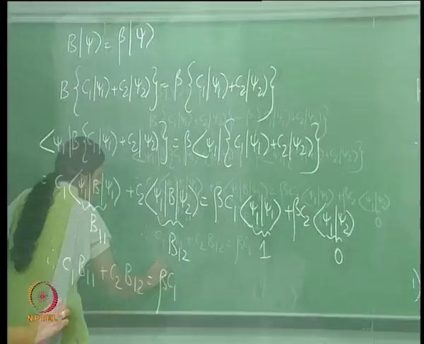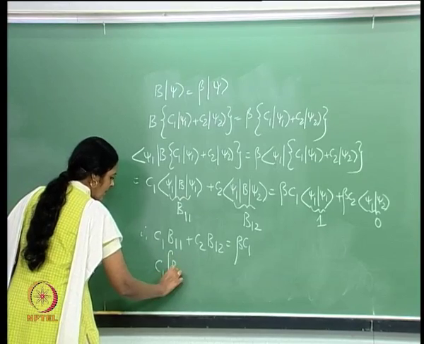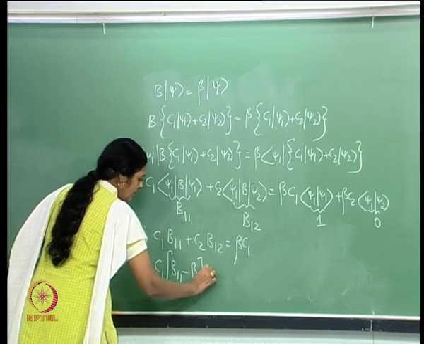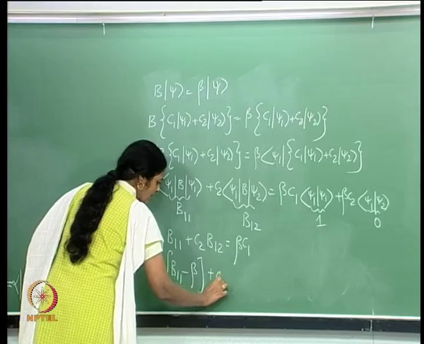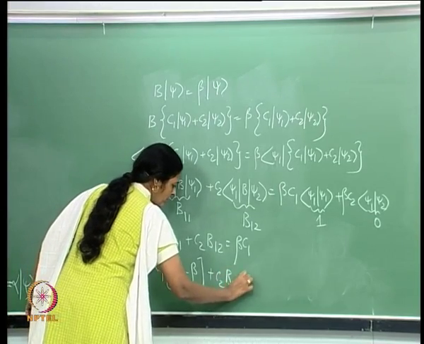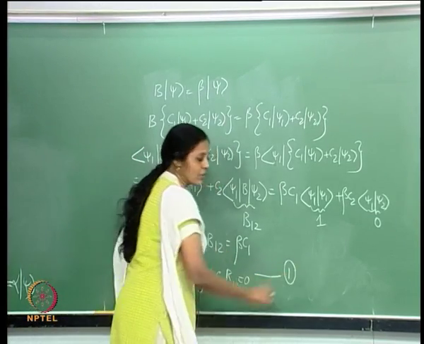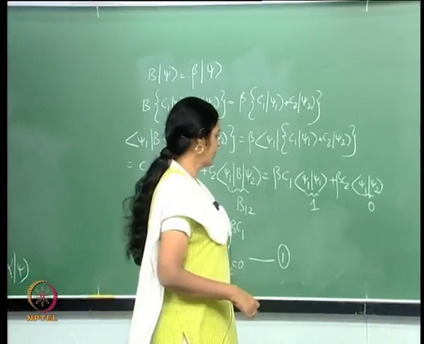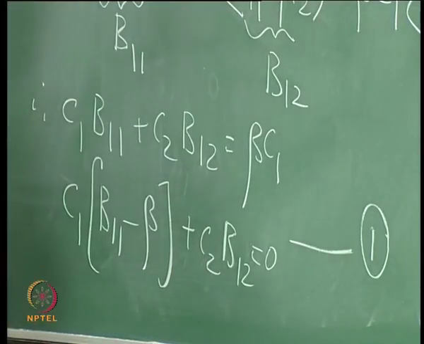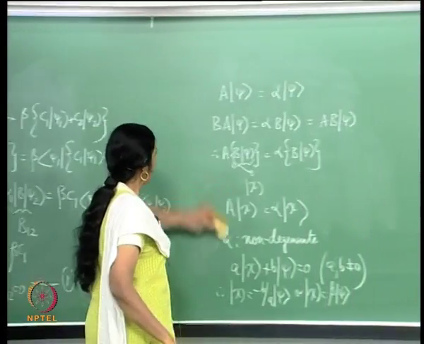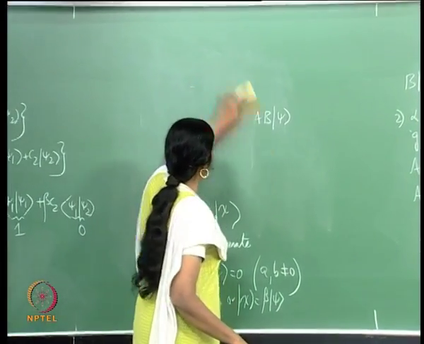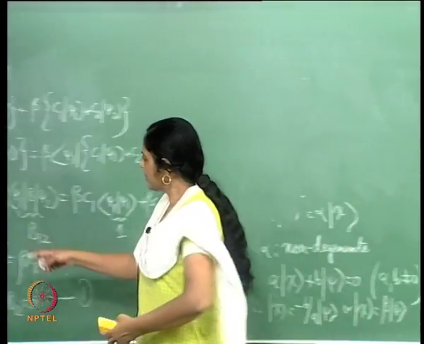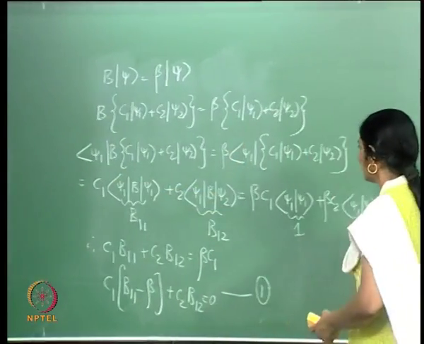In other words, C1 times (B11 minus beta) plus C2 times B12 equals 0. Let me call that equation 1. Similarly, I can do the same operation, except that I can use psi 2 there instead of psi 1.